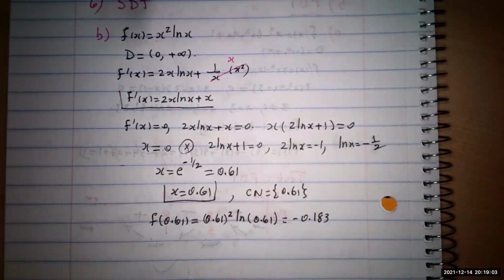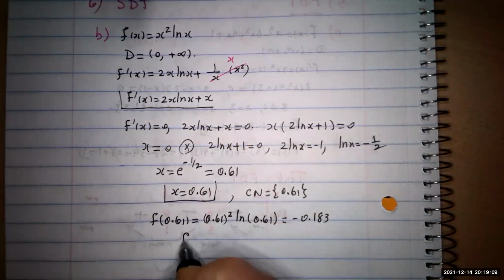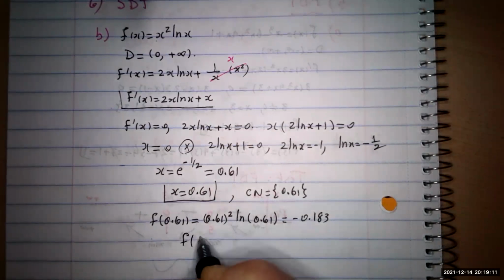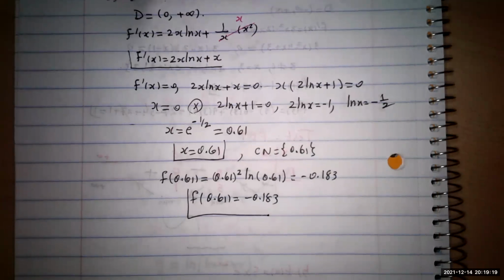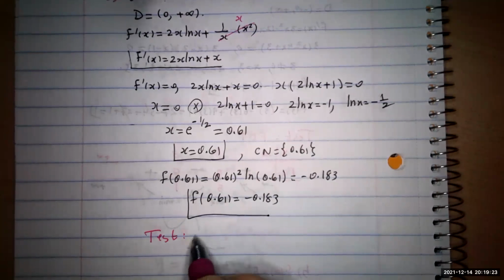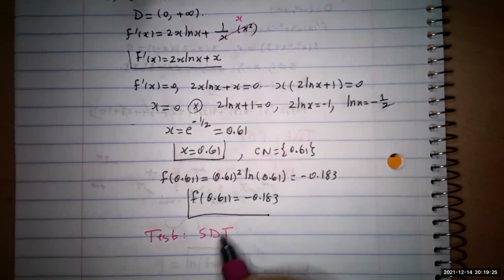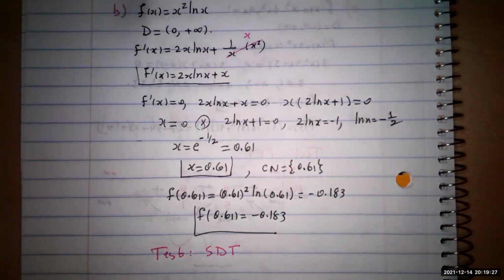Now we have the candidates, but we haven't checked them. So f of 0.61 is equal to -0.183. Now we have to check the test. You've been asked to use the second derivative test, so we have to find the second derivative.